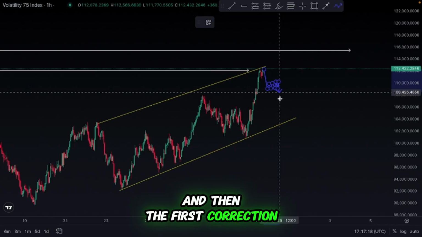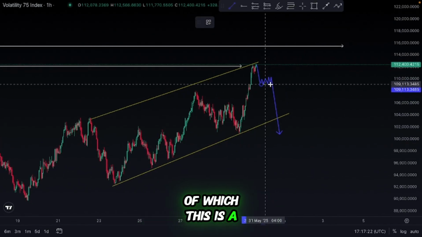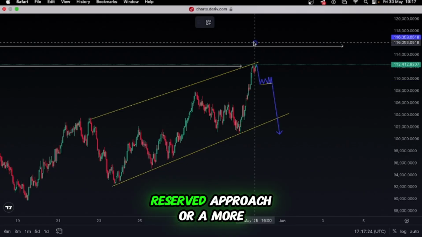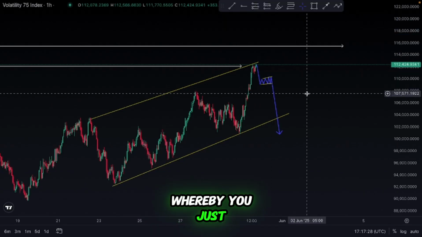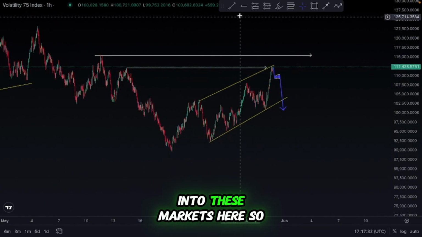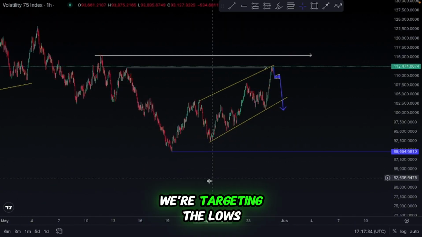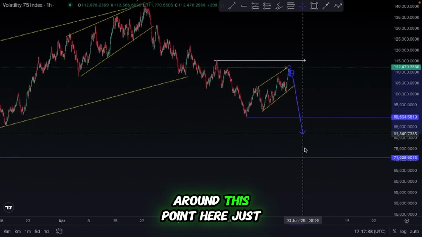And then the first correction would be the one that you take to the downside, which is a more reserved or more conservative approach, whereby you are trying to risk less and earn more money in these markets. So around here we're targeting the lows, and the overall target should be around this point here, just like that.